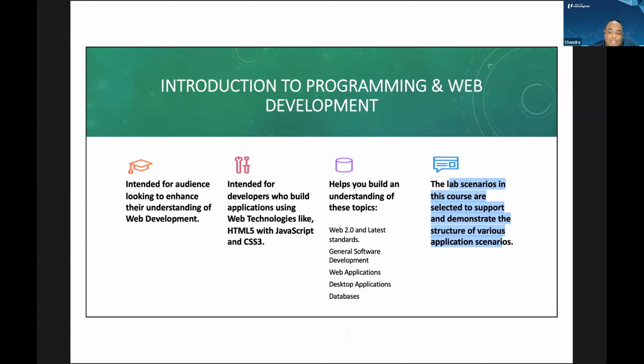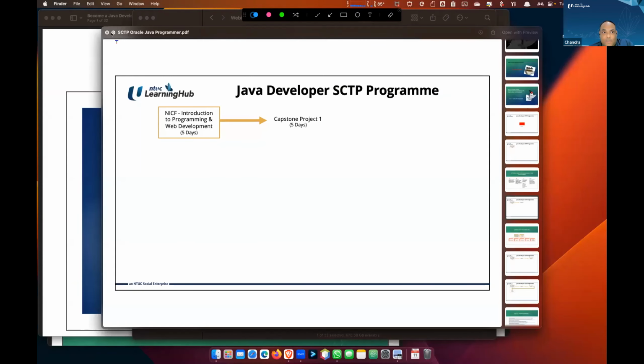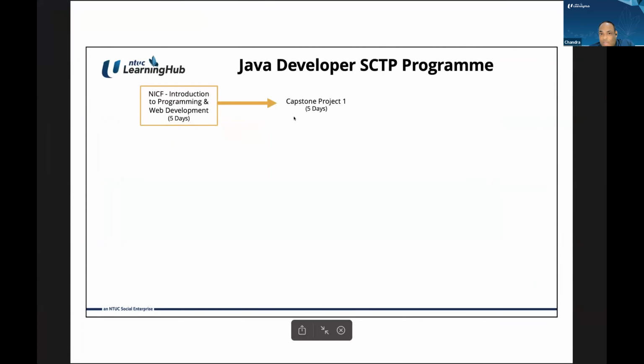Having said that, the USP of this entire cohort is we will be doing a capstone project after the training. If this is 50% of training and delivery, the capstone project is 100% hands-on. There will be no more theory in this capstone for the 5 days that we'll be doing after the training.